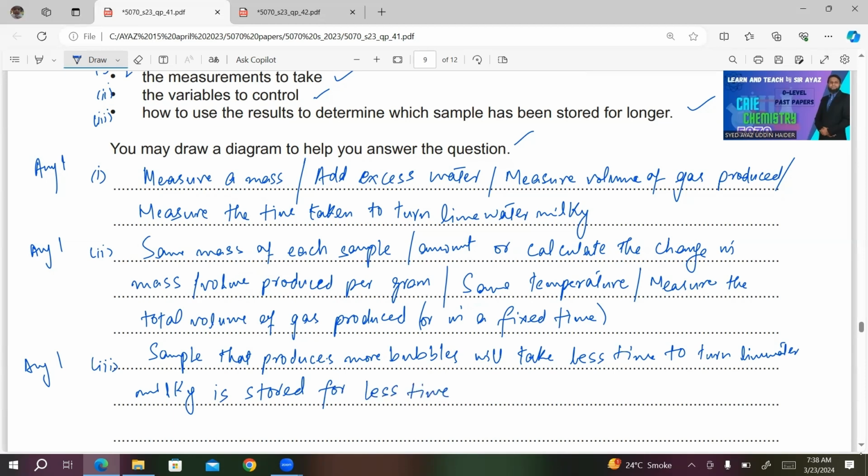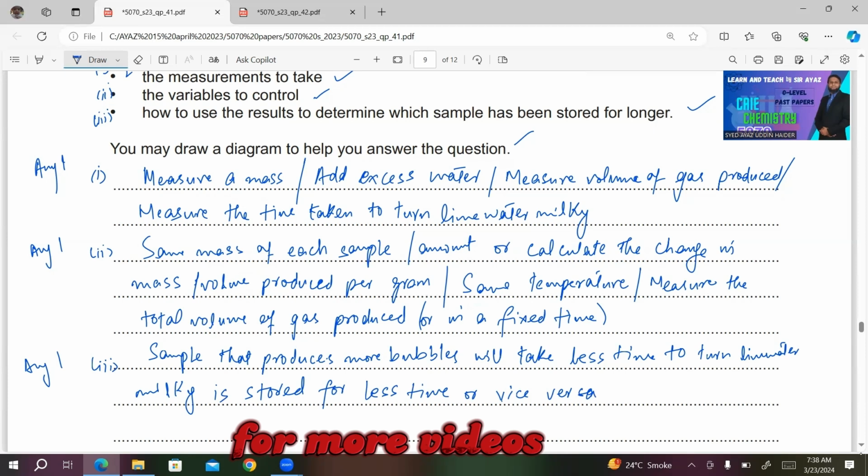Here you have lots of bubbles, or vice versa. The opposite statement will be the sample that produces less bubbles will take more time to turn lime water milky, which means it is stored for longer period of time.